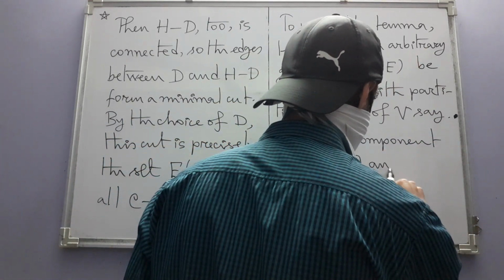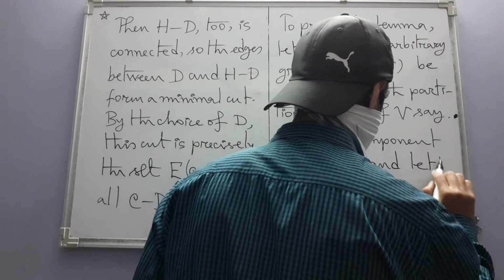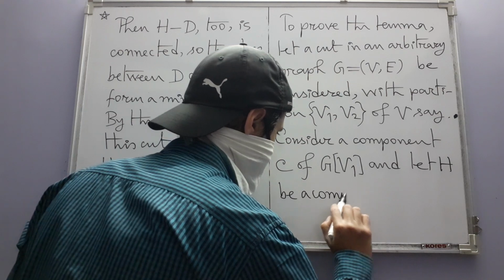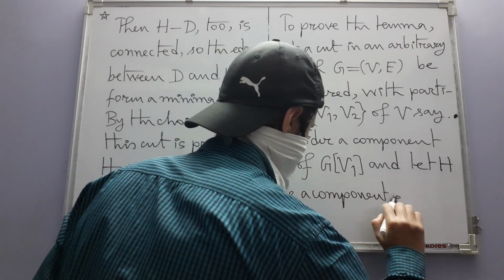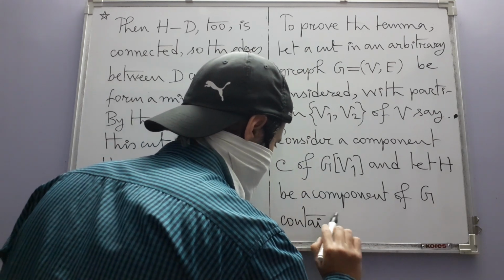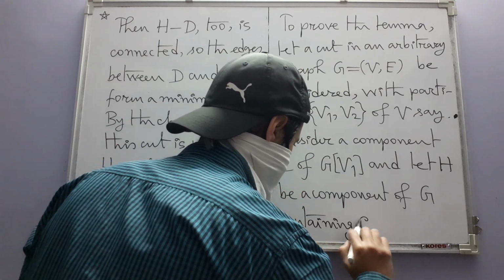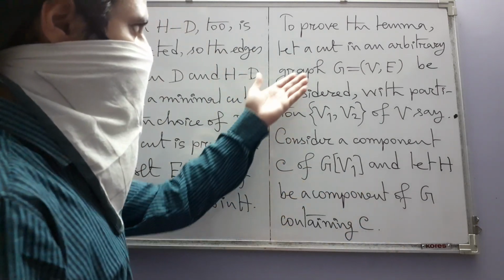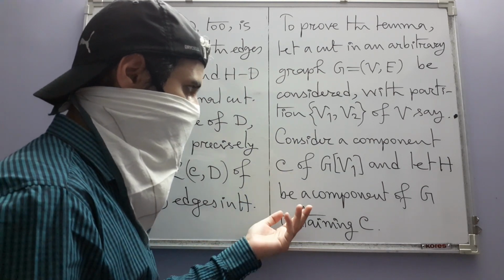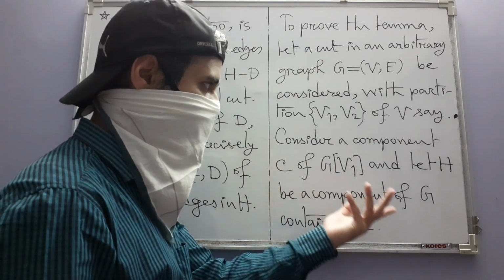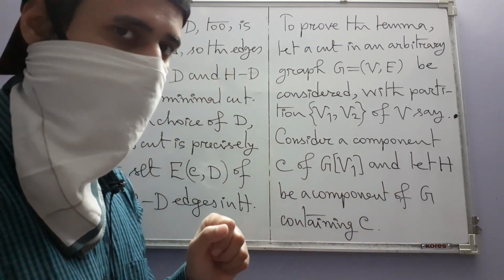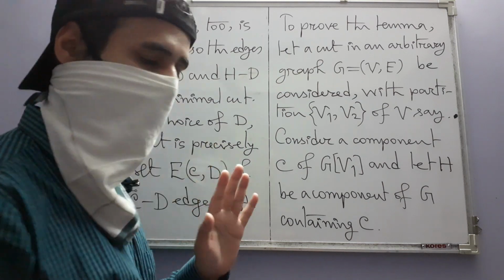And let H be a component of G containing C. Our original G may be disconnected, but because we have this component C, we can consider a component H in G that will have this component C as a subgraph. Okay, so that will always be there.